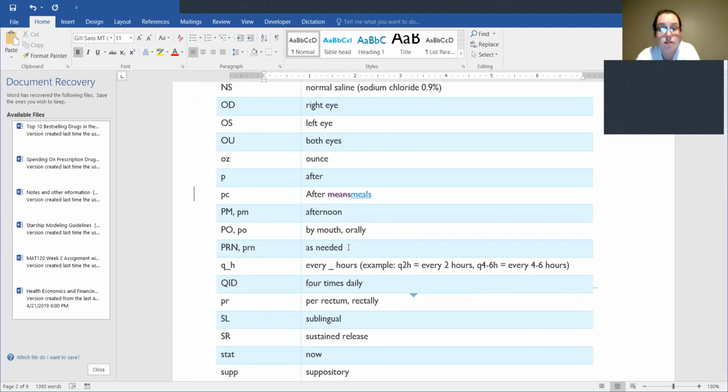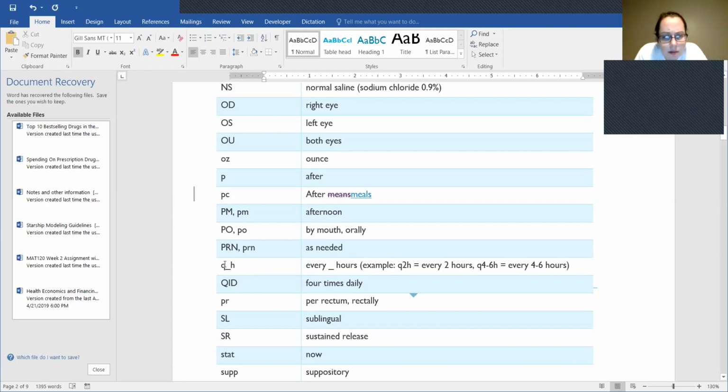It'll say, take every 4 to 6 hours as needed for pain, so that people understand that they only take it when they need it. If they don't have the symptom, they don't take it. You hope anyway. Unfortunately, that's the problem. That's why we put so many controls on those things.